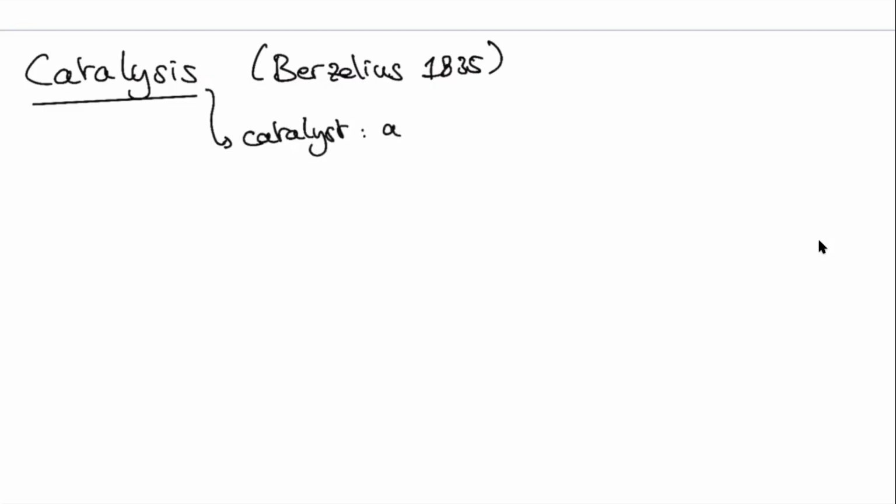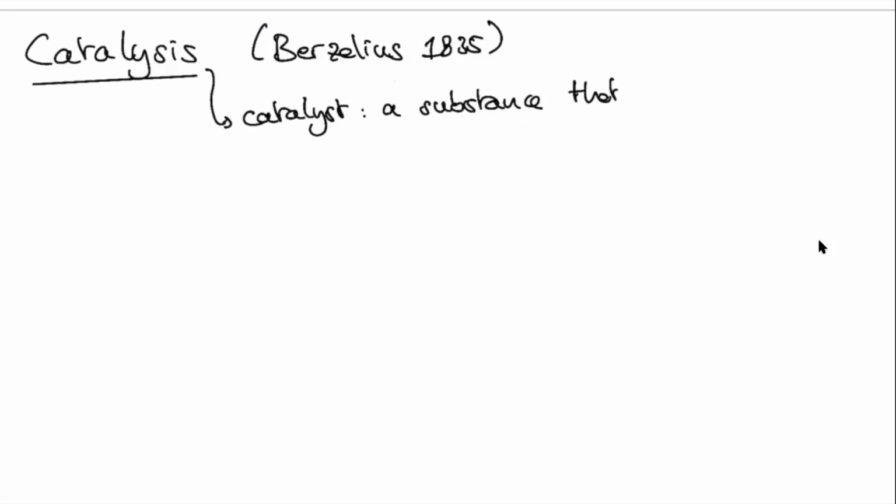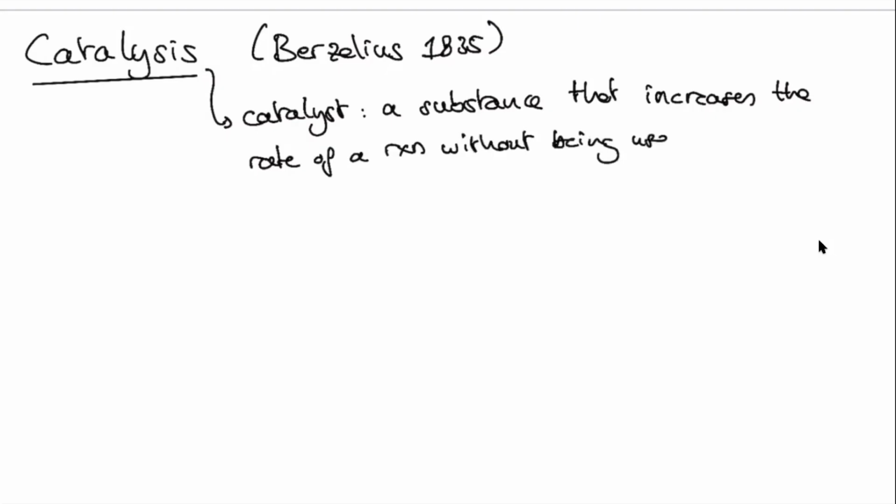So a catalyst is a substance that increases the rate of a reaction without being used, nor changing the overall delta G standard.